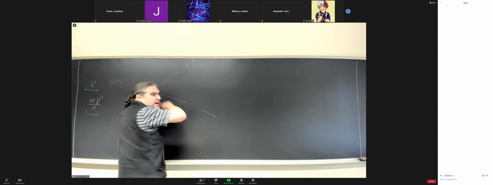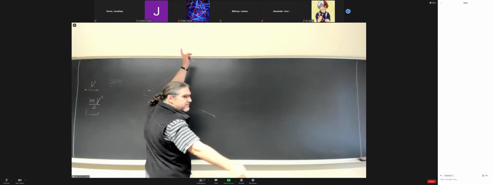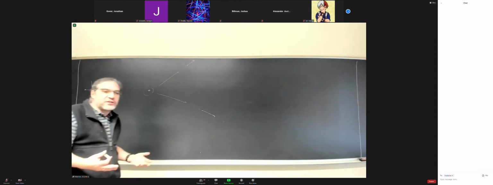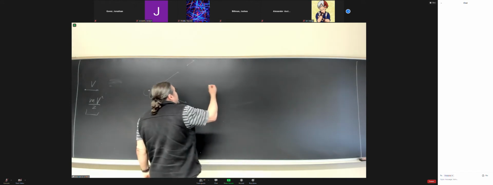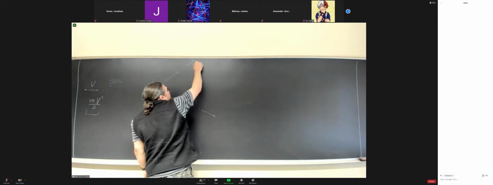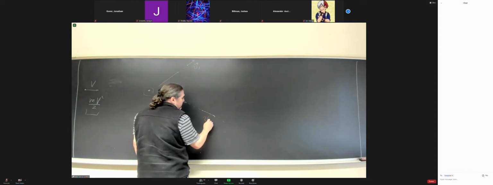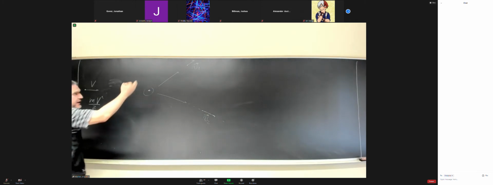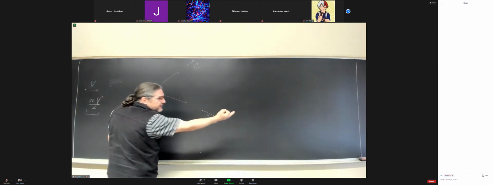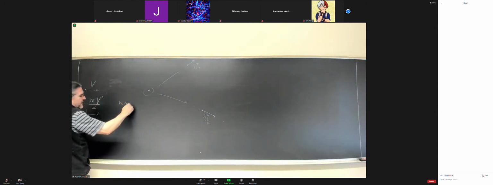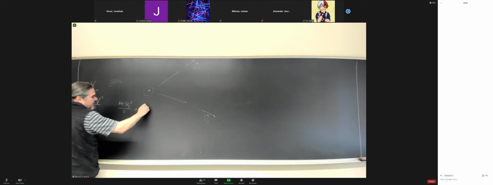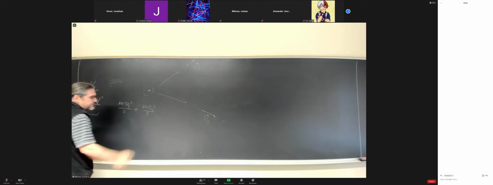At the end, a long time after the collision, they're already very far away, so they still don't interact with each other, and their potential energy is again 0. So there is only kinetic energy. Let's call the velocity here V1 and the velocity here V2. The total energy of the system at the final moment is the sum of the kinetic energies of the two: m v1 squared over 2 plus m v2 squared over 2.